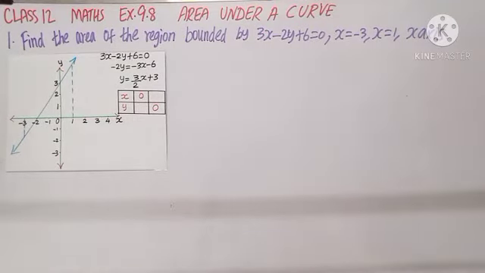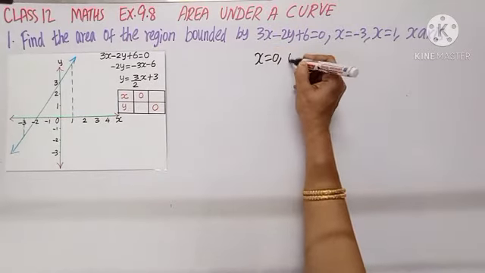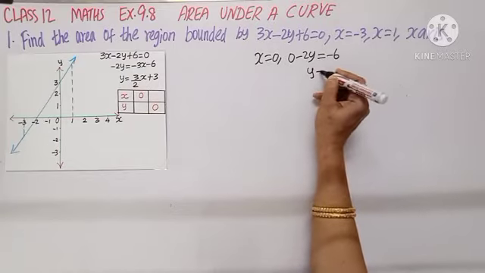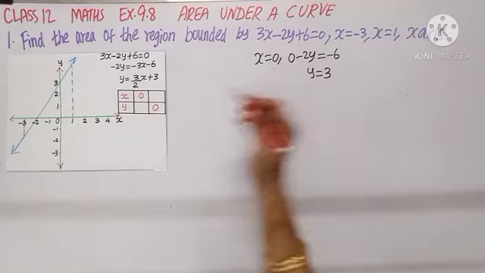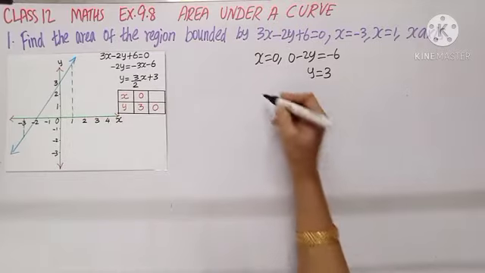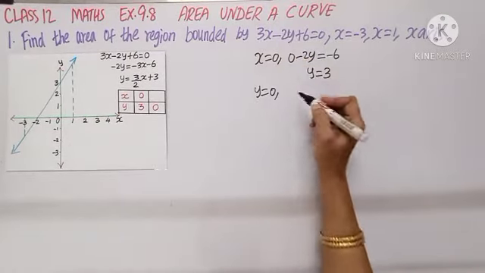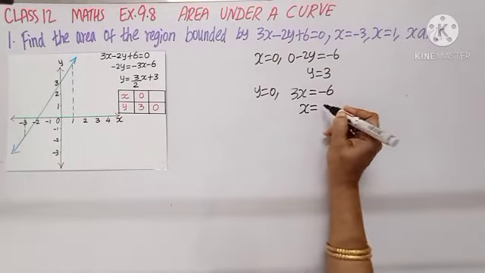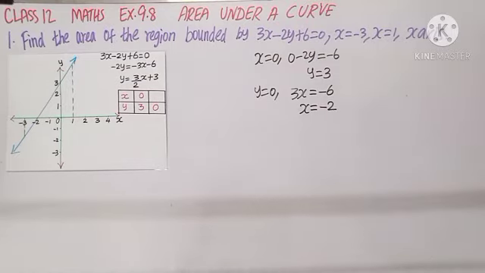So, if I put x equals 0, I get 0 minus 2y equals minus 6, or y equals 3. So, when x is 0, y value is 3. Similarly, put y equal to 0. If I put y is 0, I get 3x equals minus 6, or x is equal to minus 6 by 3, that is minus 2.